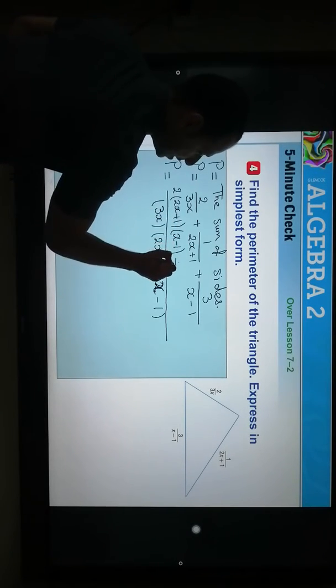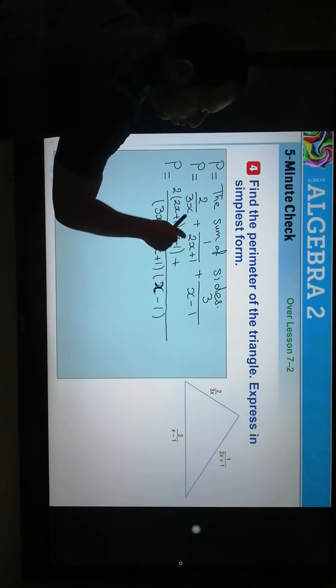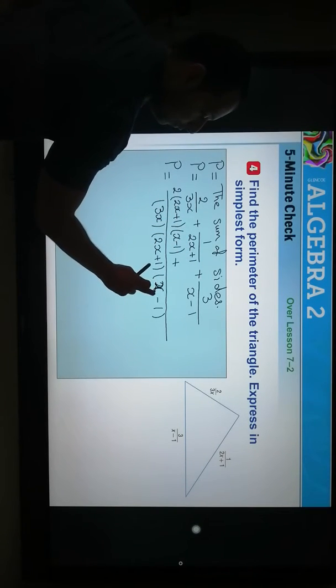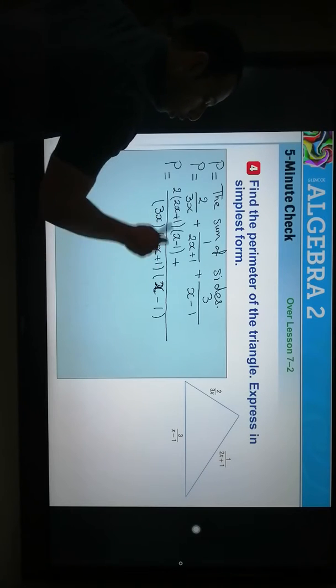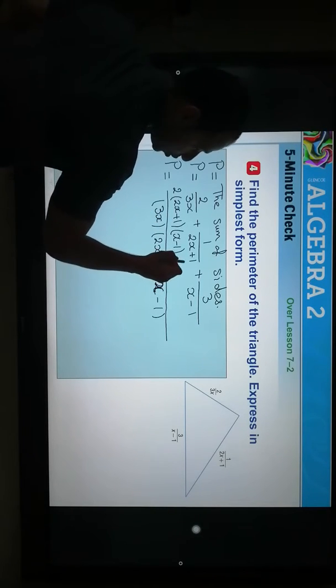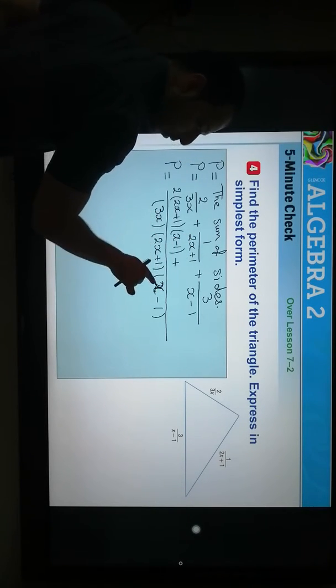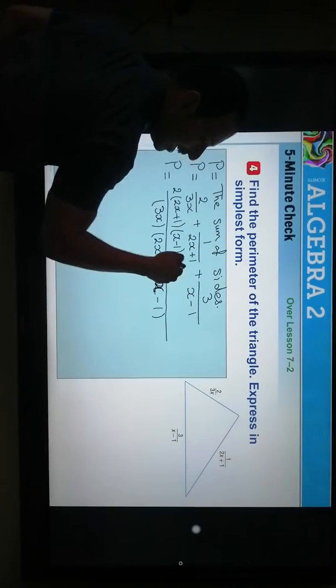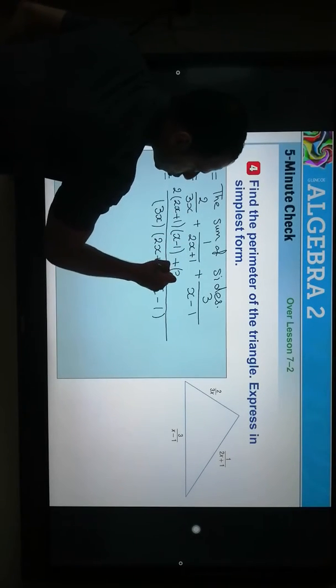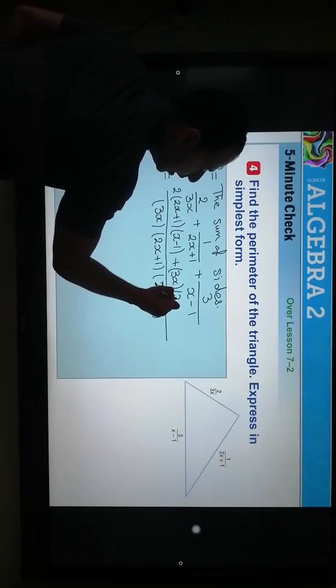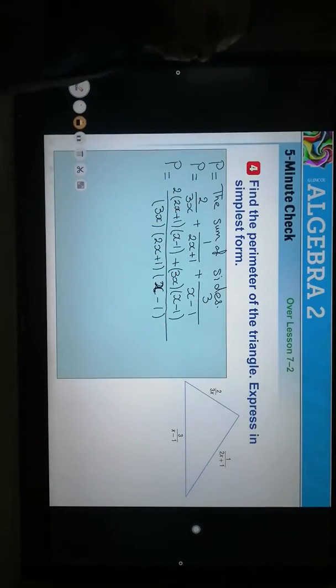Plus, I complete the same way. This is 2x plus 1, multiplied by the first bracket and the last one. So we just multiply 1 by these 2 brackets also. 1 multiplied by anything is the same. So 3x and x minus 1.